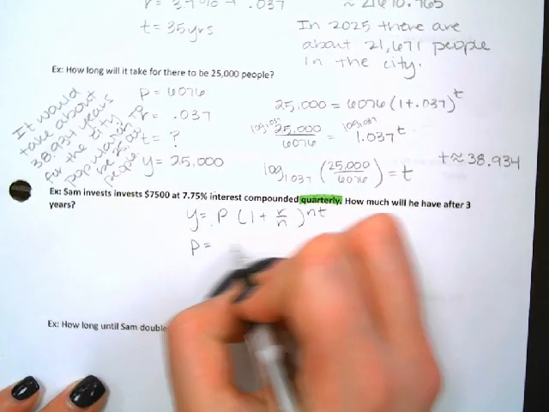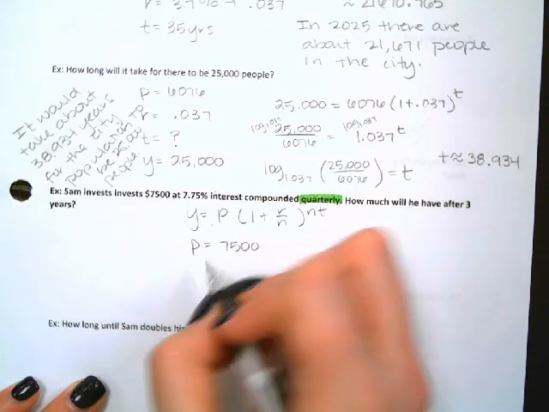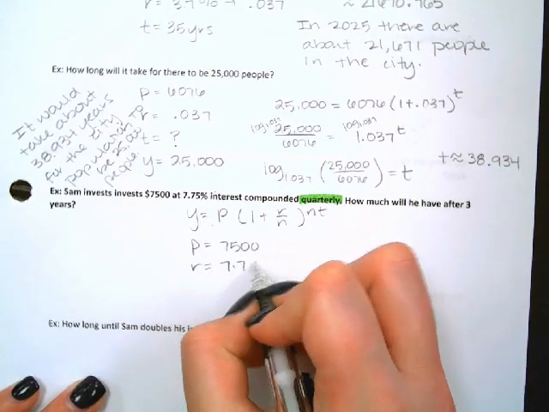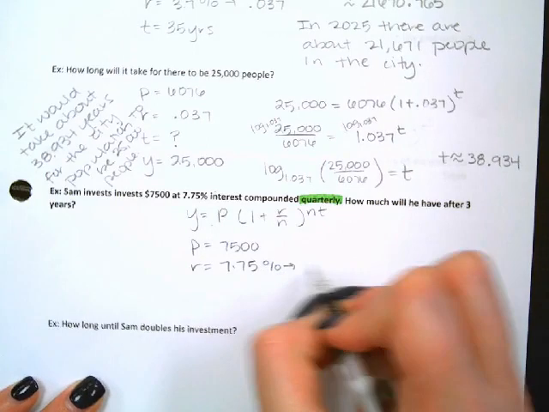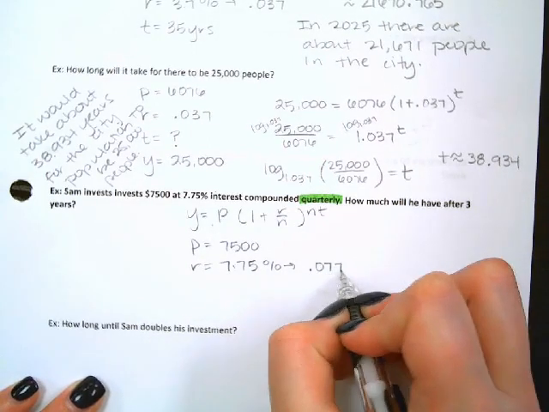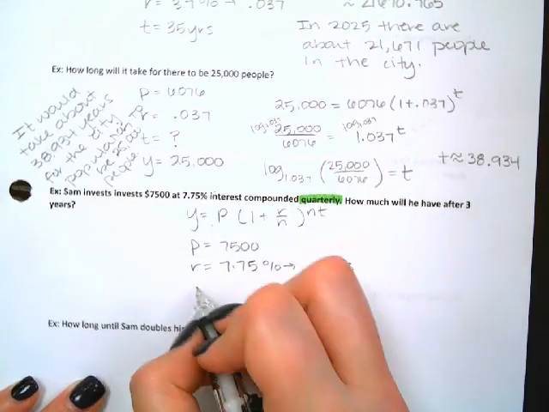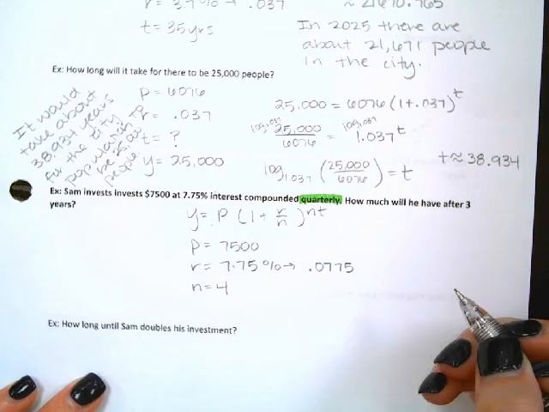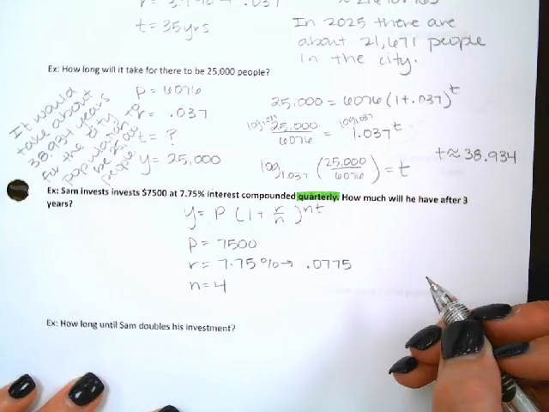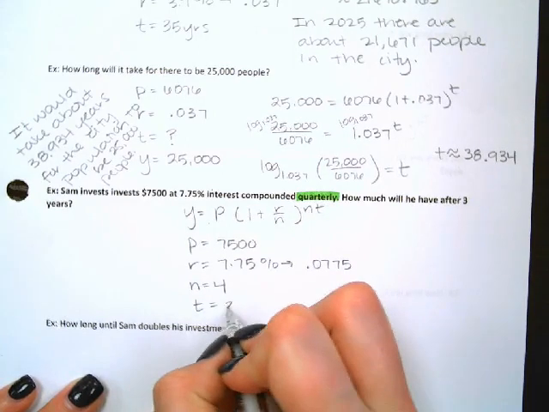The beginning value is 7,500. The r is 7.75%, which would be 0.0775. The n value is 4. Quarterly is 4. How much after 3 years? So t is 3.